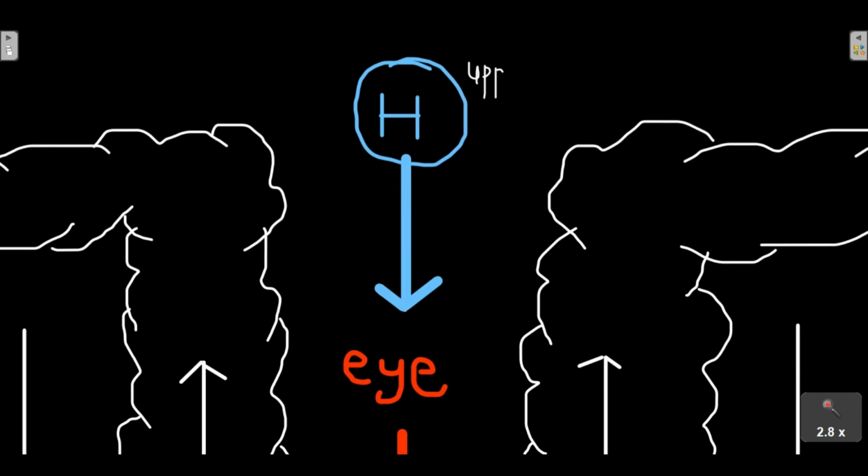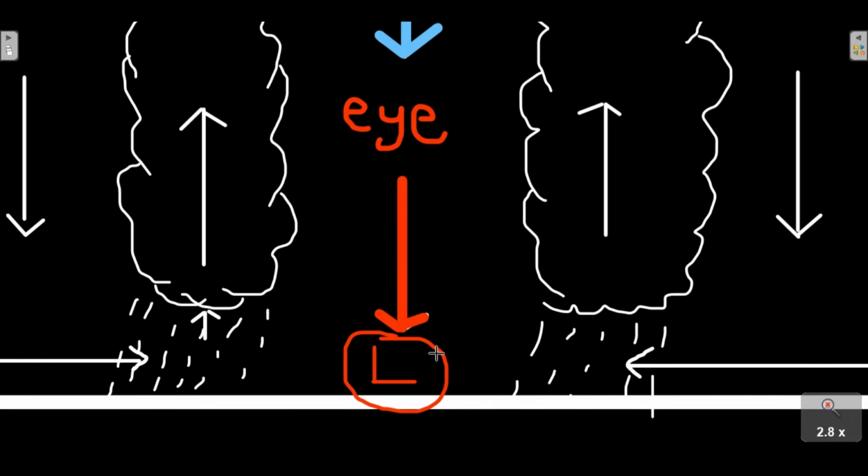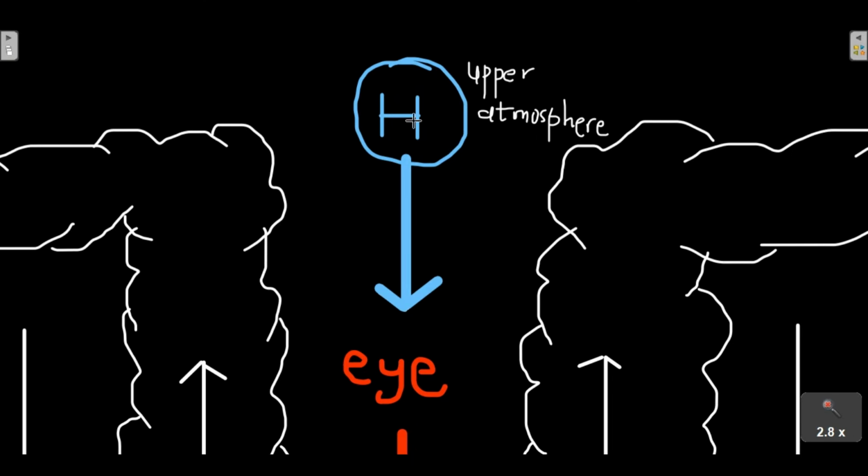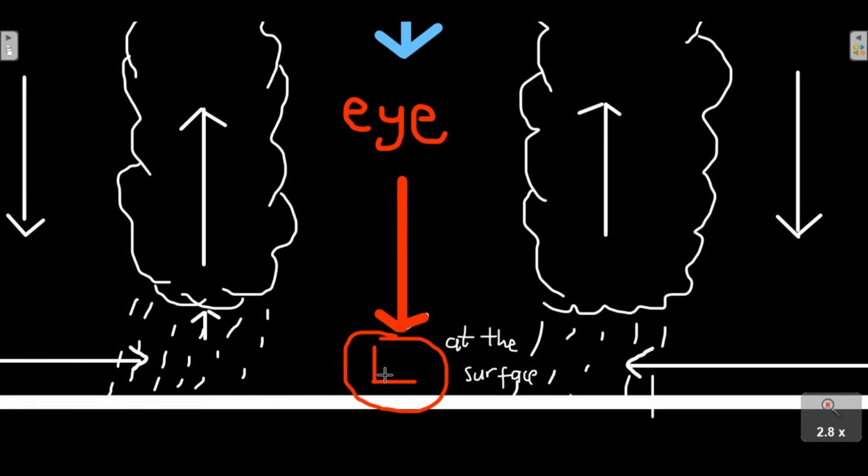It's not at the surface, it's in the upper atmosphere. And then there's a relatively lower pressure at the surface. So a pressure gradient is created, meaning that air will move from the high pressure towards the low pressure.